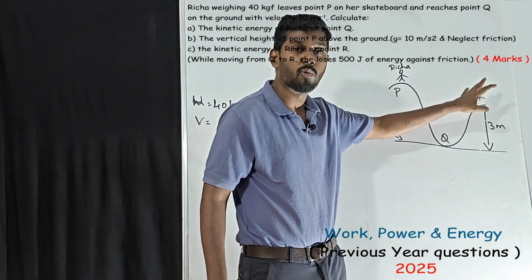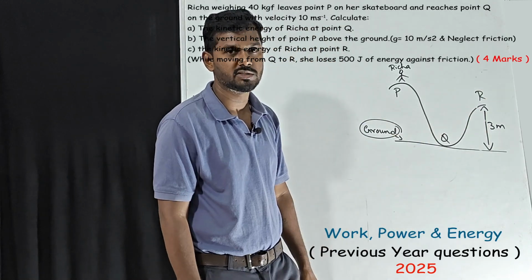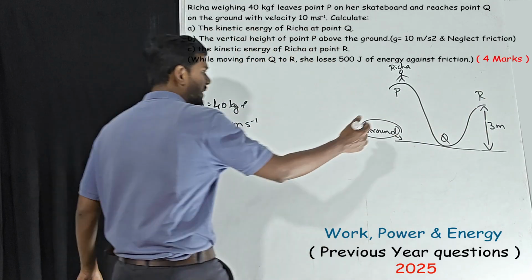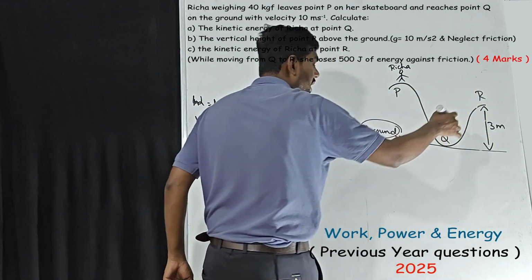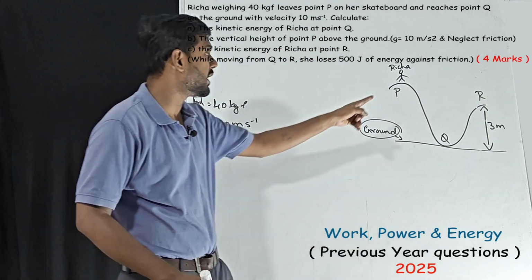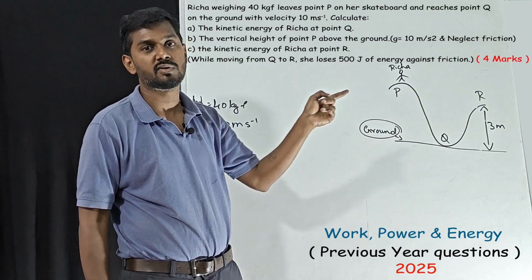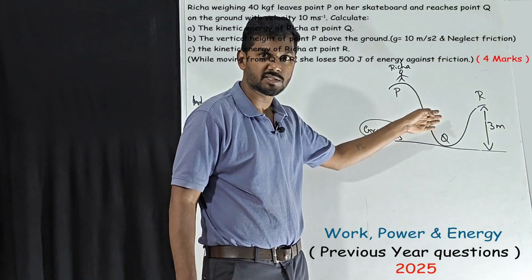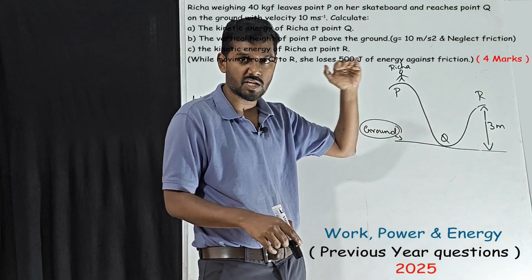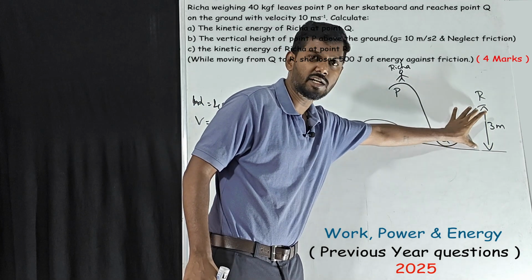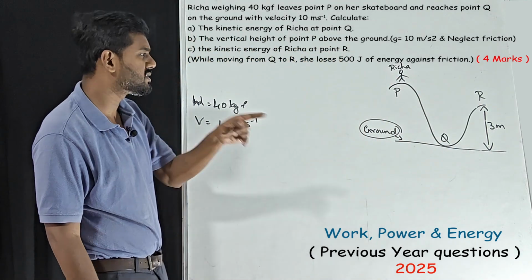At this point we have both kinetic as well as potential. While moving, they have never mentioned that she has stopped at R, so she is still moving and it has height, so it has both potential as well as kinetic energy.